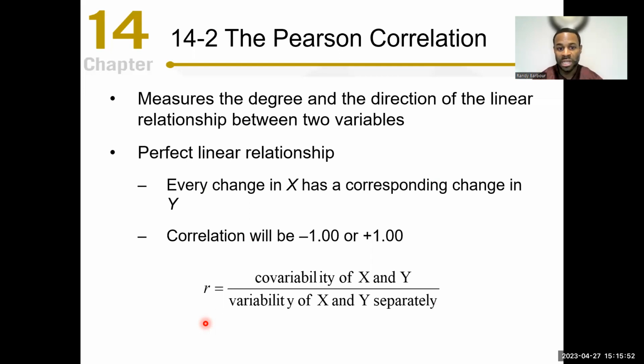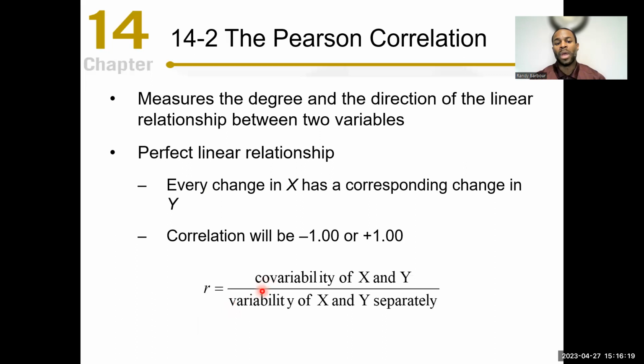When we talk about a perfect linear relationship, every change in X has a corresponding change in Y. So either a perfect negative or a perfect positive, a value of 1 is that perfect correlation. There are not many variables that have a perfect correlation. Many times there are varying values for each variable, and so you rarely have a perfect correlation.